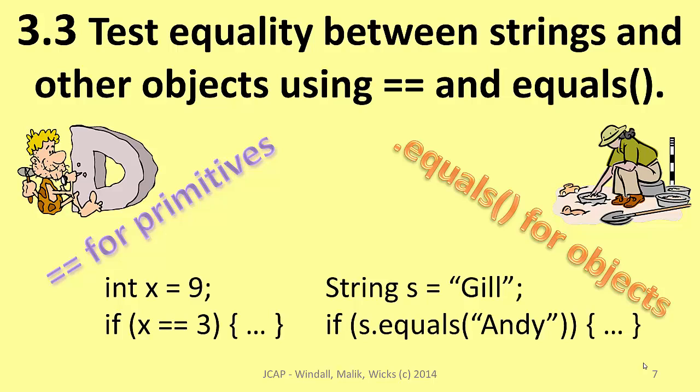So we can have a string s, which we're setting to Jill. Now we can say if s equals Andy, do whatever is in the curly brackets. We could use this to check to see whether there is a different string that's being used. So we could have if s equals open brackets variable called p, which is also a string, that would also work.